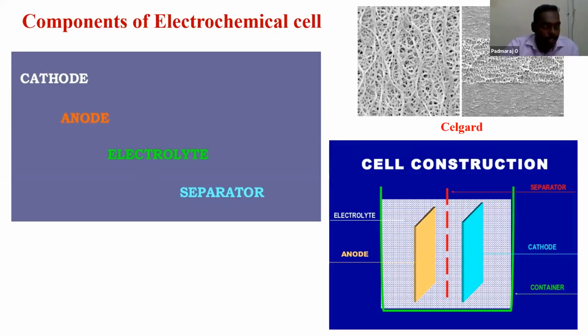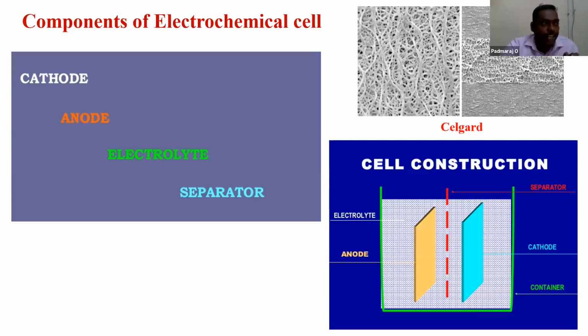Charging is already there, so the reaction mechanism is happening. Electrons move from the cathode to the anode, and the ions move from the cathode to the anode. That is the charging process. At the time, if you are speaking, the discharging process is happening. So simultaneously, charging and discharging are happening.